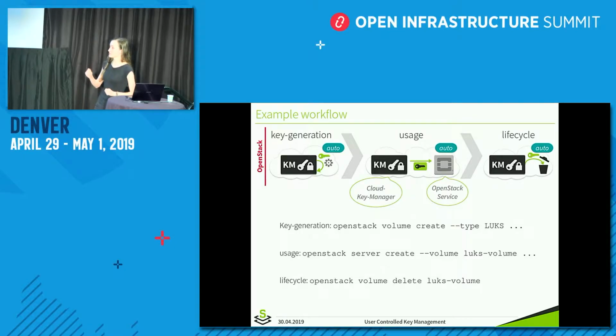When the key is used, for example in openstack server create from that volume we just created, so we have an encrypted server from an encrypted volume, what happens with the key is that the OpenStack service, in that case Nova, sends a request to the cloud key manager, and Barbican sends the key back, so Nova can use it. After that, somewhere you delete the volume, and the key is also automatically deleted.